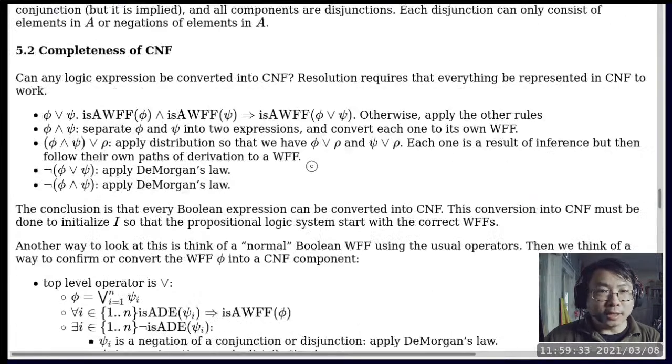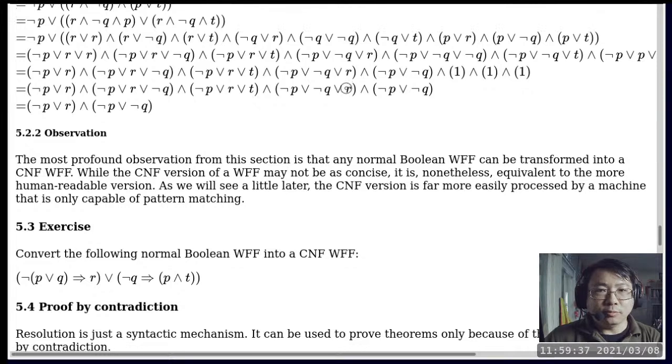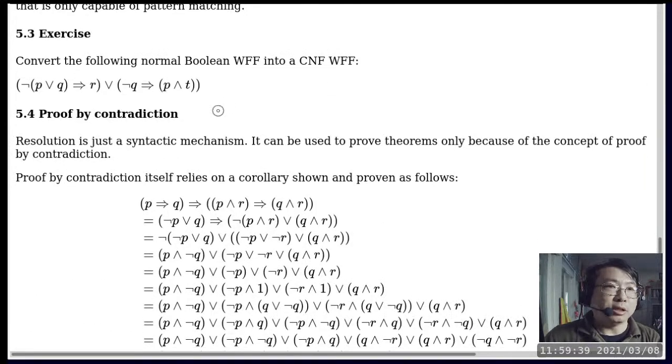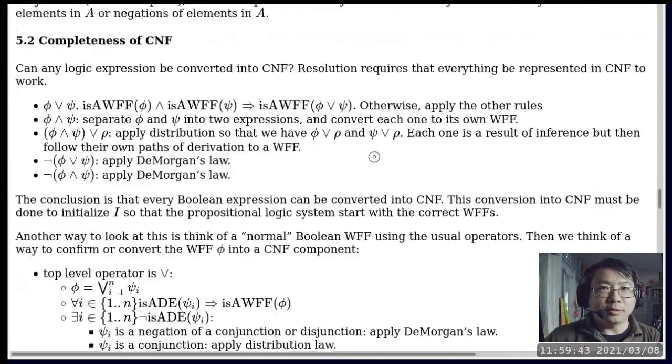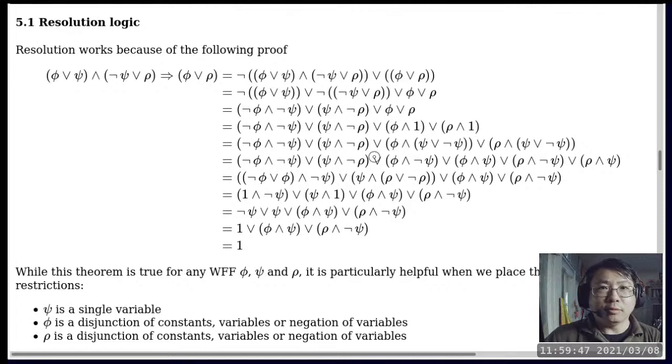After that, there'll be some examples, and then we'll move on to talk about proof by contradiction. All of these pieces are connected in order to make it possible for a computer to prove theorems using propositional logic. So that's what we'll be doing.